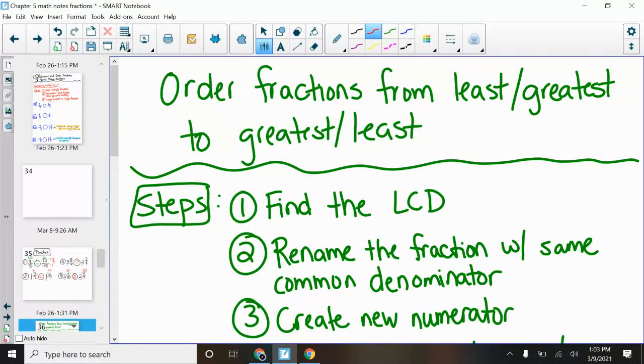This page here has a lot of steps to it again, but I want you to take a freeze. Just like yesterday when I taught you how to compare fractions, I didn't want you to just write everything you saw. Today when I teach you to order fractions, I don't want you to just write everything you see, okay? I want you to give me 5 minutes.